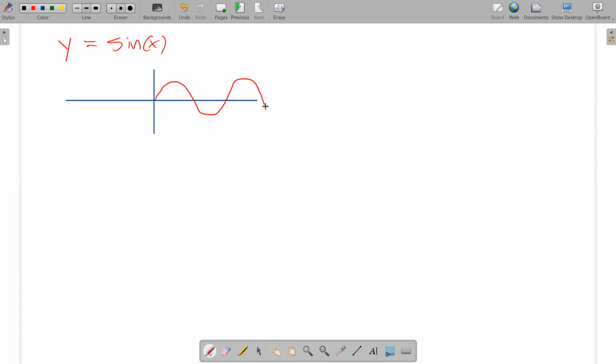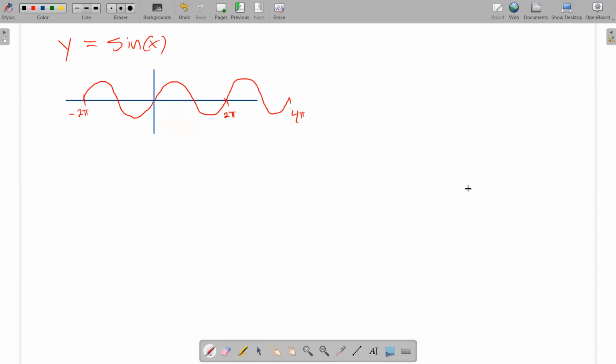Up, down, back up. And it repeats that every 2 pi. It goes the other way too. The other way it would go down, up, and down. And so that would be -2 pi over there. And this clearly is not one-to-one.